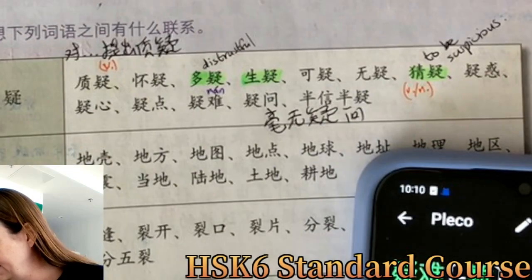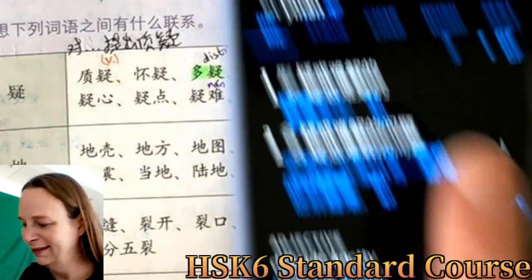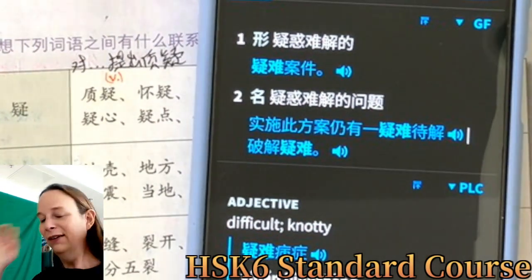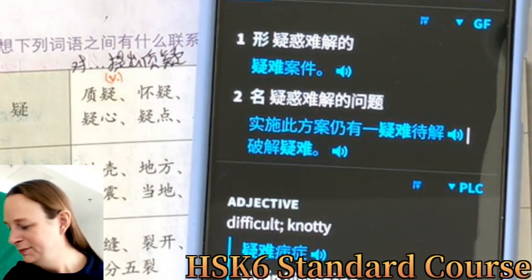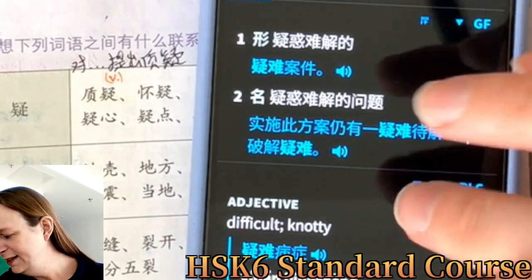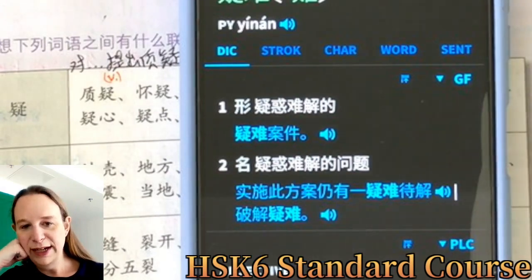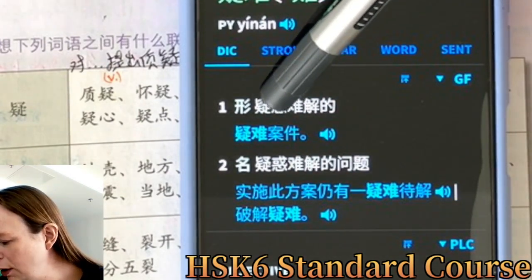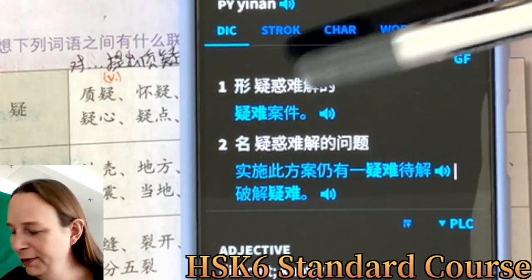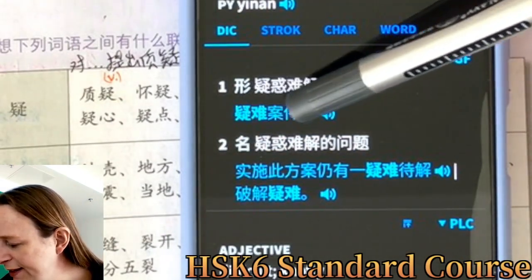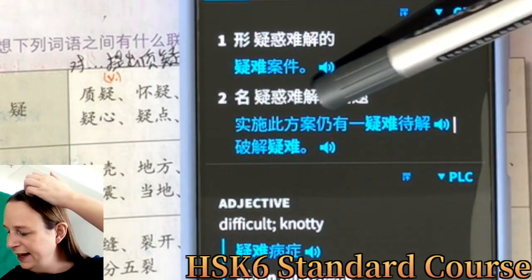What was the other one? 多疑. So I just use 棘手. I like 棘手的问题. But it seems this 疑难 is more general. 疑惑难解的. So perplexing and difficult to resolve. 疑难案件. Okay. 疑惑难解的问题.